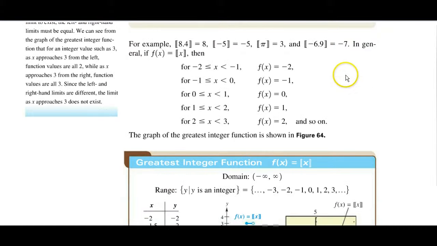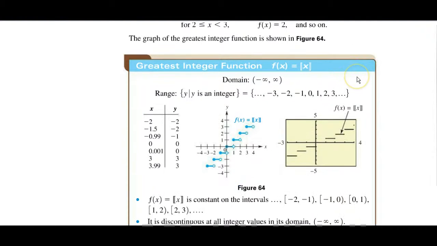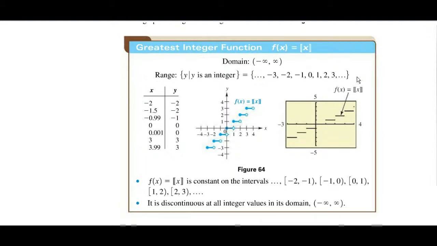And this is something we'll be working with. And it gives rise to this step diagram. Notice it is discontinuous, but the domain is all real numbers.